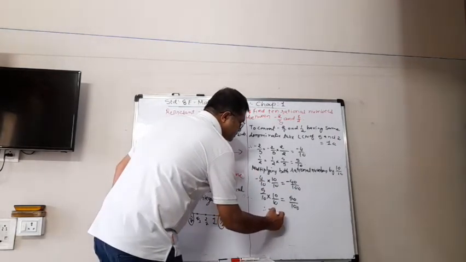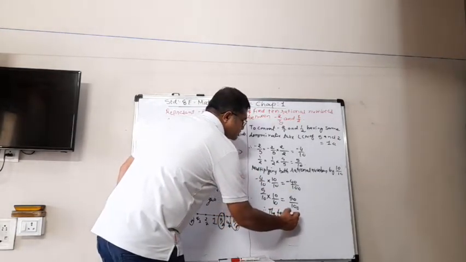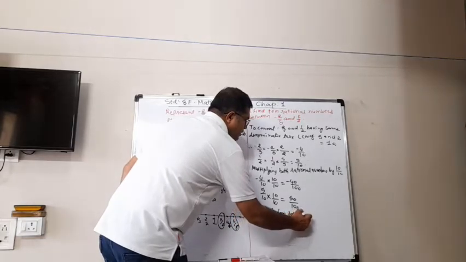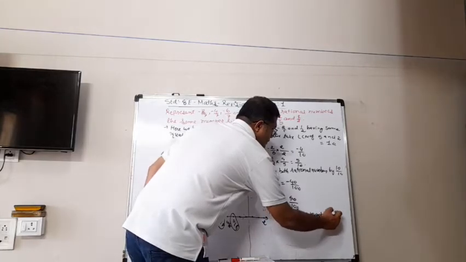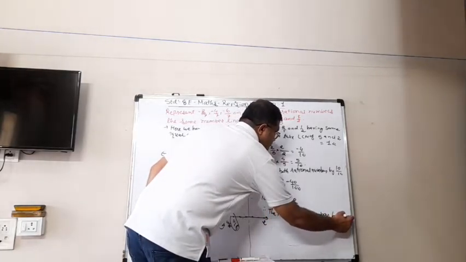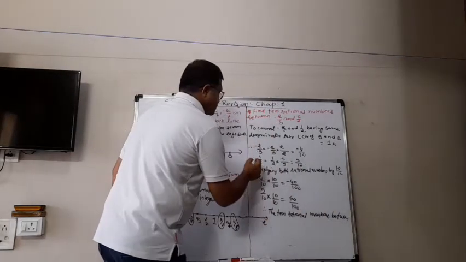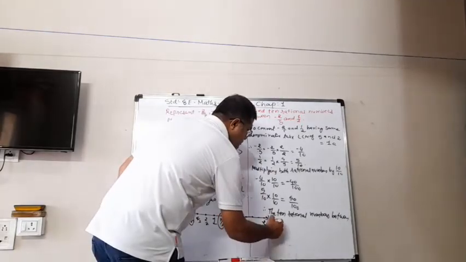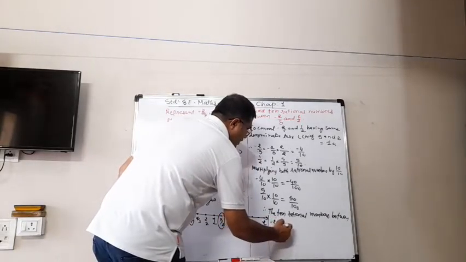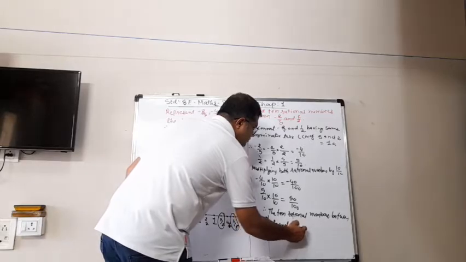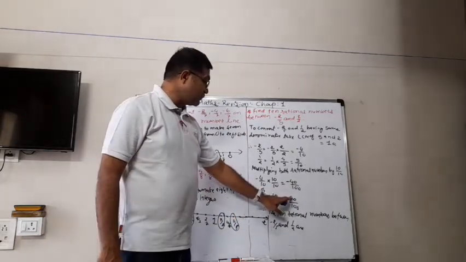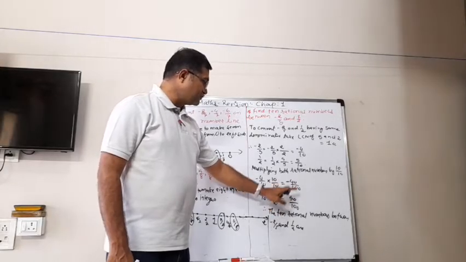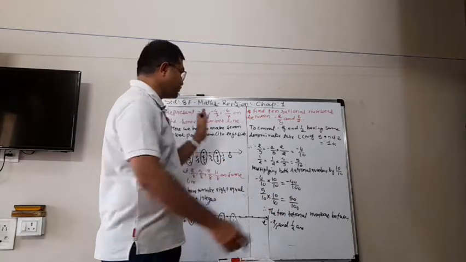Therefore, the 10 rational numbers between the original numbers minus 2 by 5 and 1 by 2 are: now you can choose any 10 between them. Means starting from between minus 40 to 50. Minus 40 will be here.